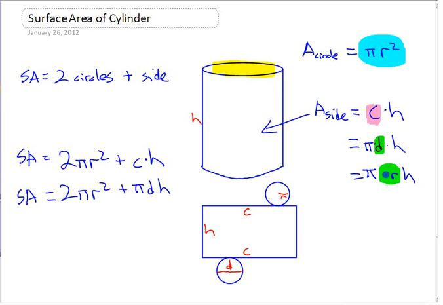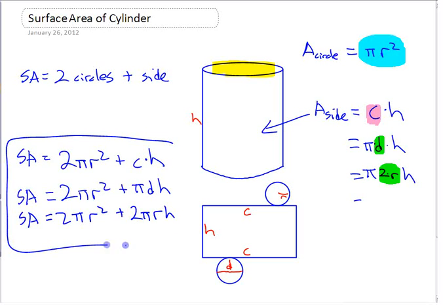You take the radius and times it by 2, right? So another formula you're going to see is pi times 2 times radius times height. There's 3 different formulas that you could see for a surface area of a cylinder.